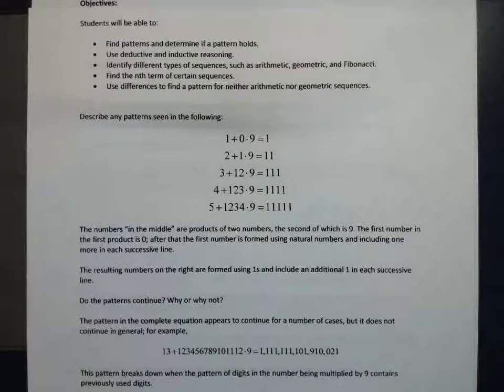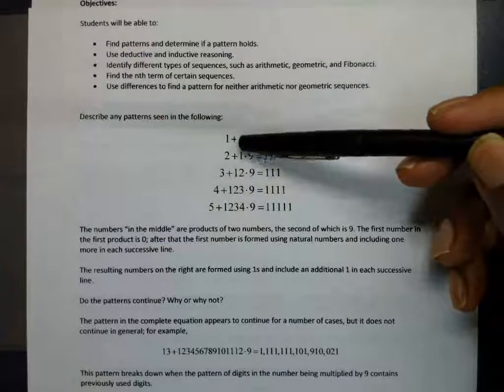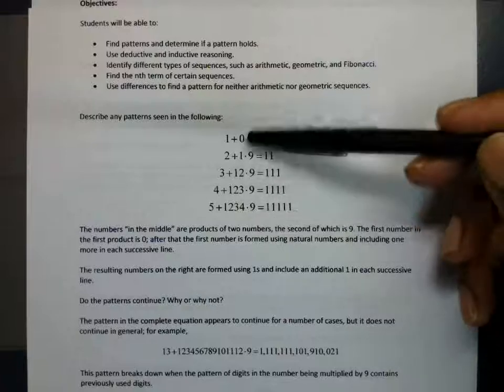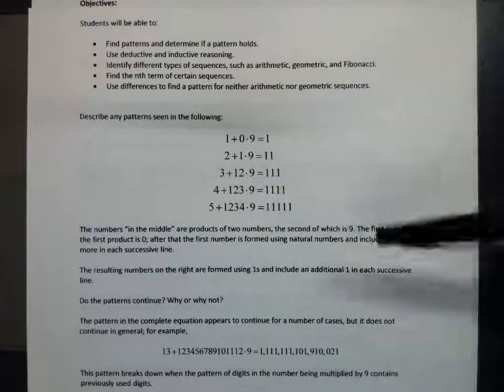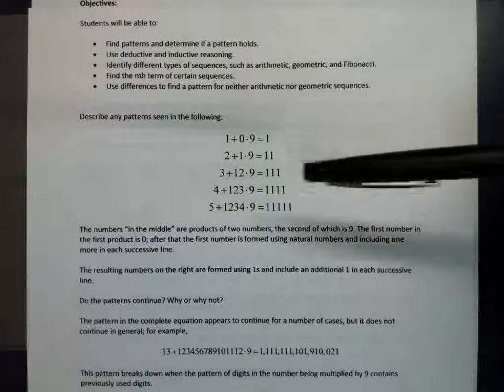If you notice, the numbers in the middle are products of two numbers, the second of which is 9. So here, the products of two numbers, the second of that is going to be 9. The first number in the first product is 0.